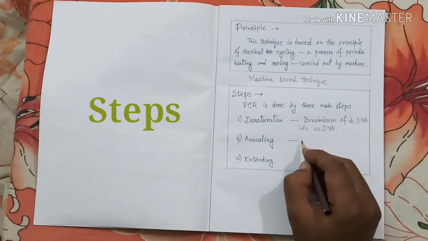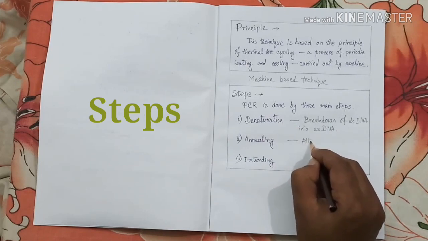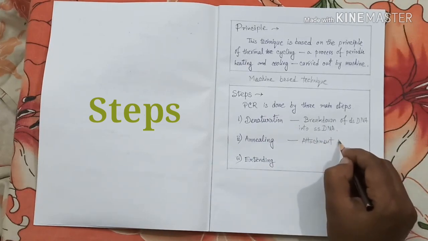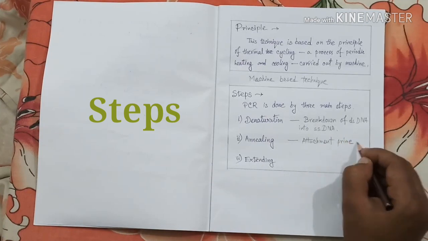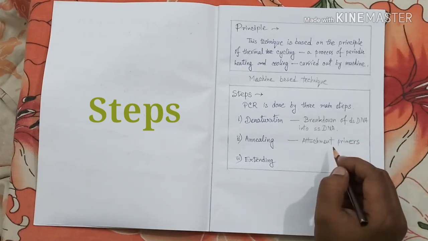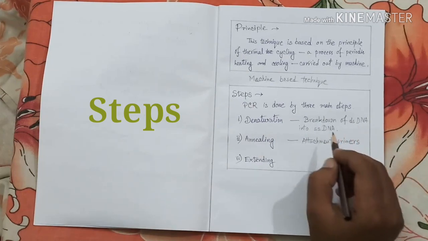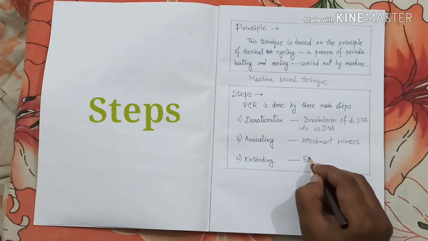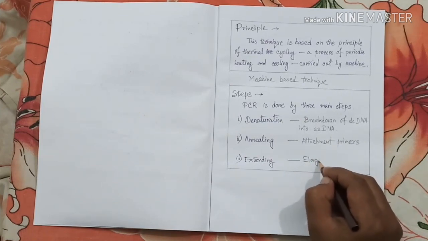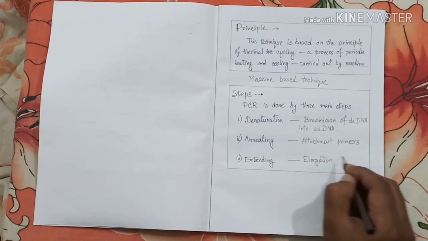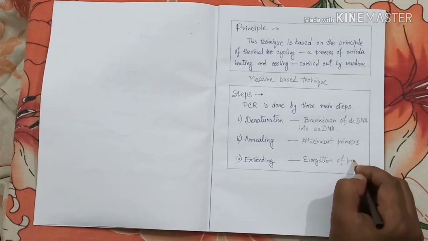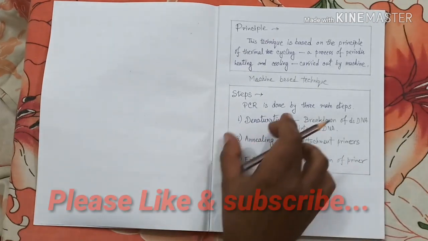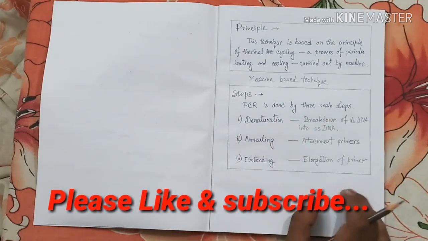Then annealing, or attachment of primers with the single stranded DNA. And next, extension or elongation of primers by Taq polymerase. So, these are the three steps.